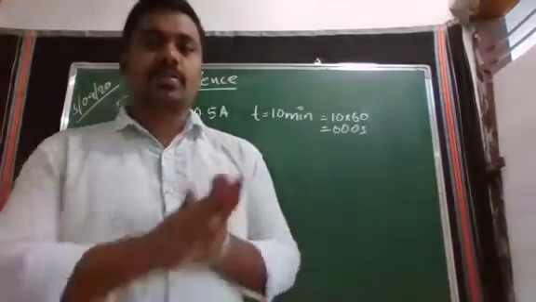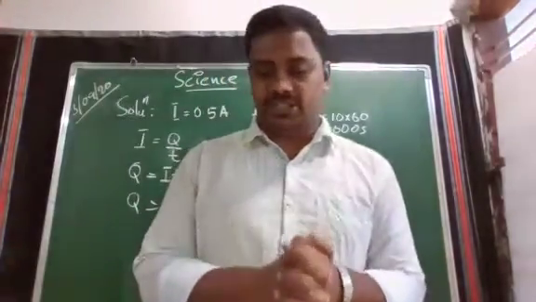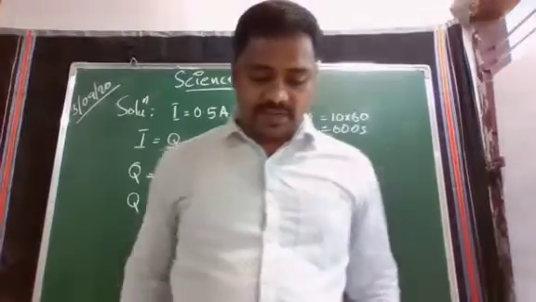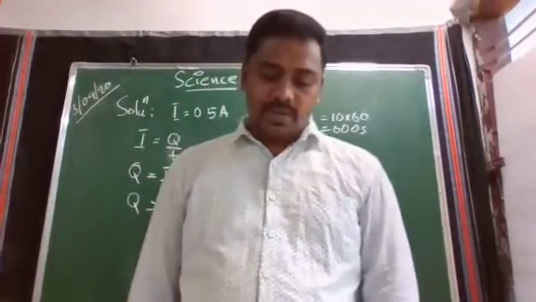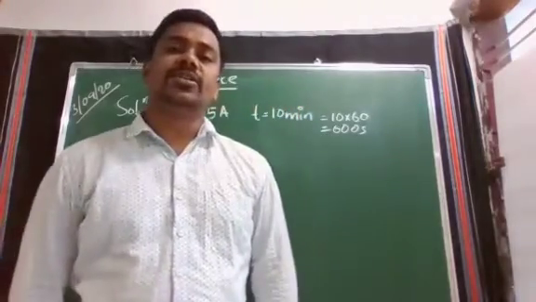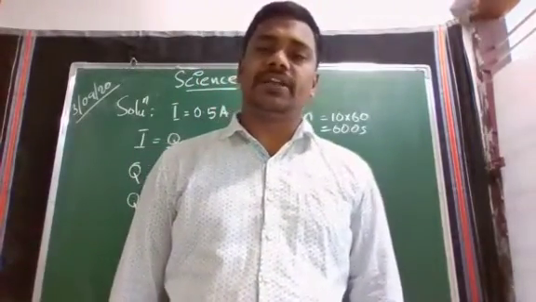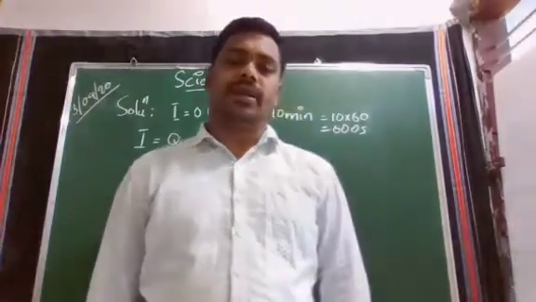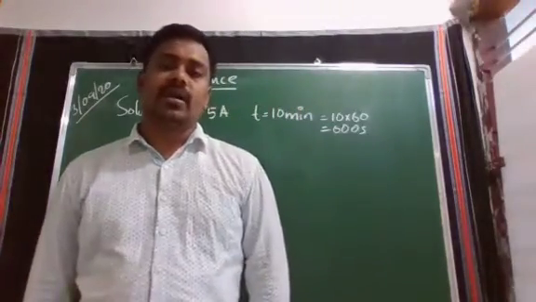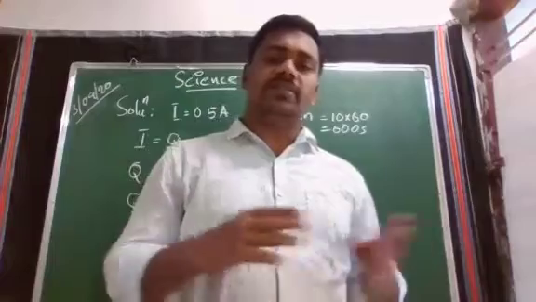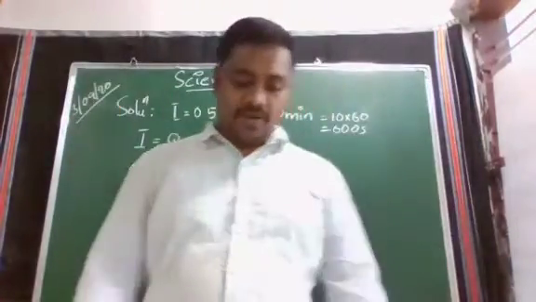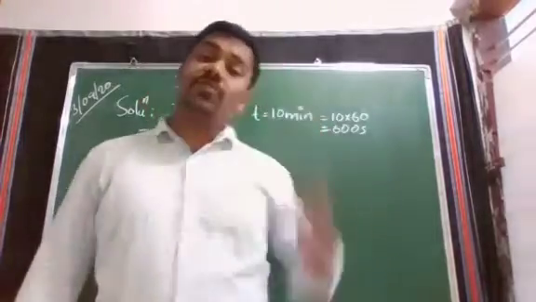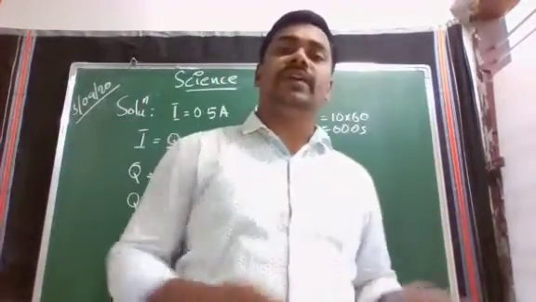Then there are 3 questions. Let us check the answers for the 3 questions. What does an electric circuit mean? We already studied that it is a continuous closed path of electric current, or we can say a path for transmitting electricity.